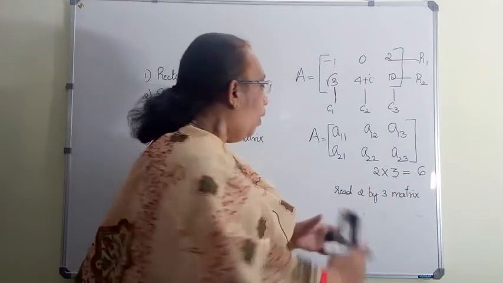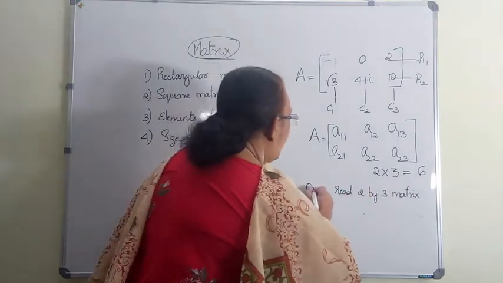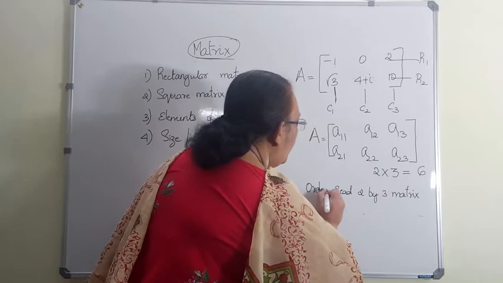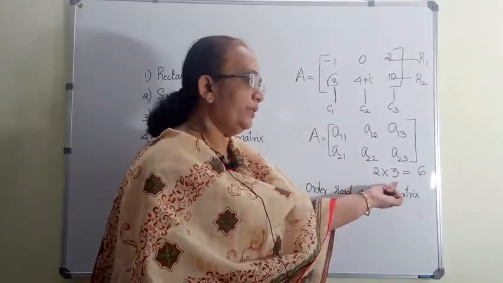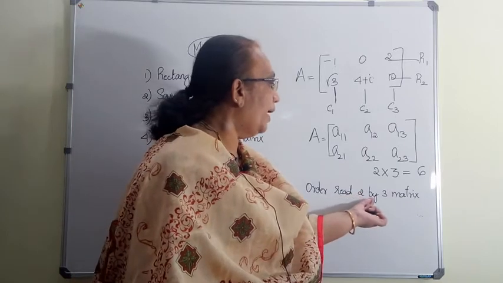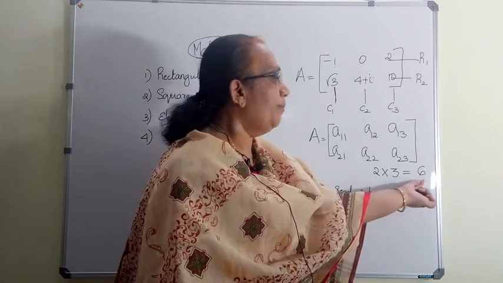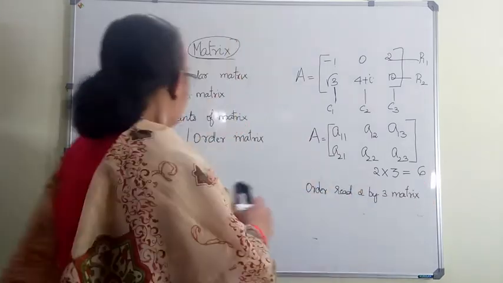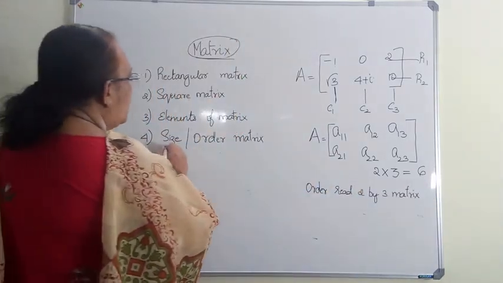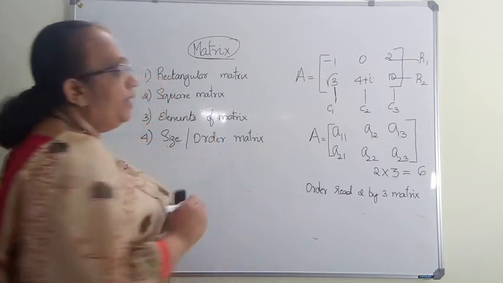So the order is written as 2 into 3, but read as 2 by 3 matrix, and the number of elements in that matrix is equal to 6. So this is known as the size or order of the matrix.